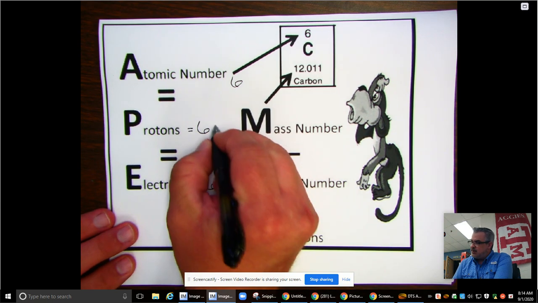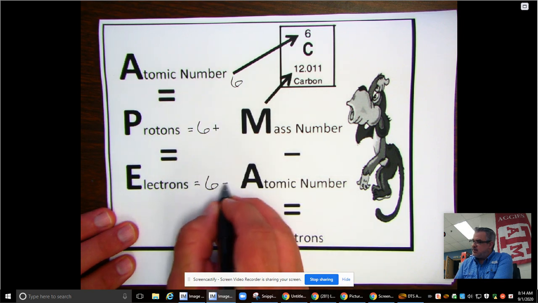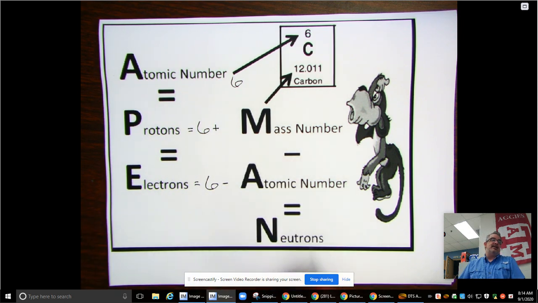And remember that protons are positive, electrons are negative. So what that means is if there's the same number of positive and negative charges, that means the atom overall has a neutral charge because it has equal numbers of protons and electrons, positive and negative charges.